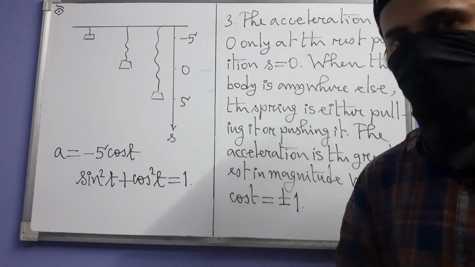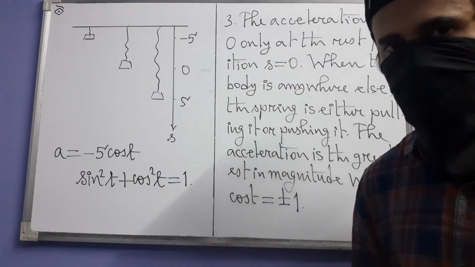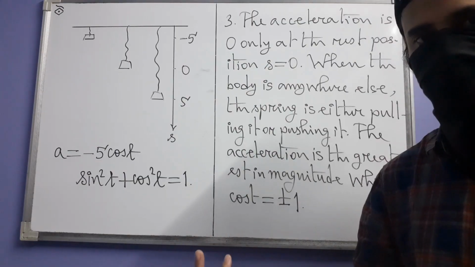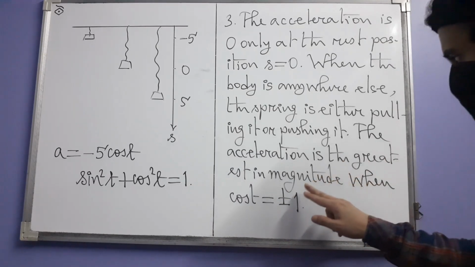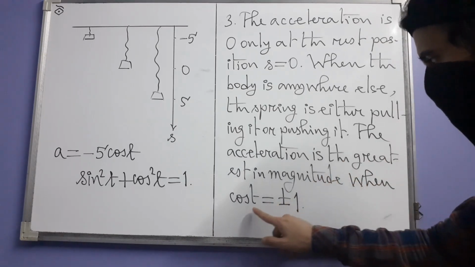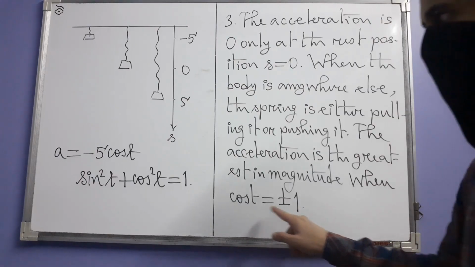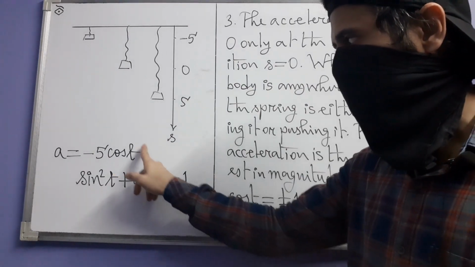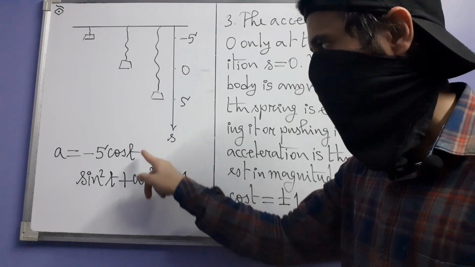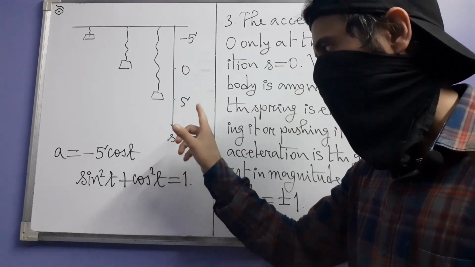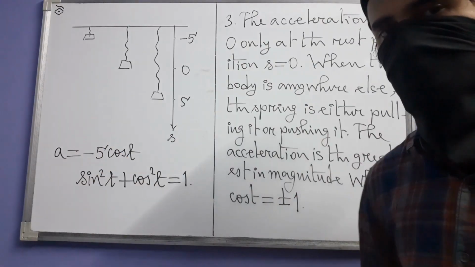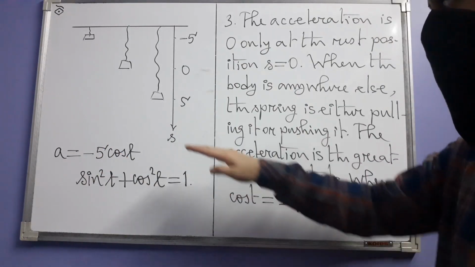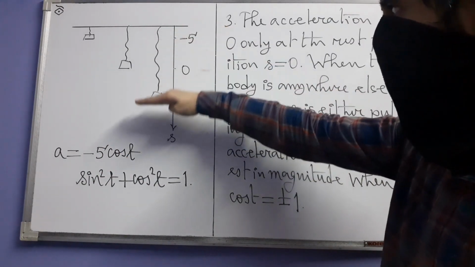So if there is no force, obviously there is no acceleration due to Newton's second law. So that is why. And the acceleration is greatest in magnitude when cos t is plus or minus 1, because that is the maximum numerical value that a can have regardless of the sign, and that corresponds to these positions.